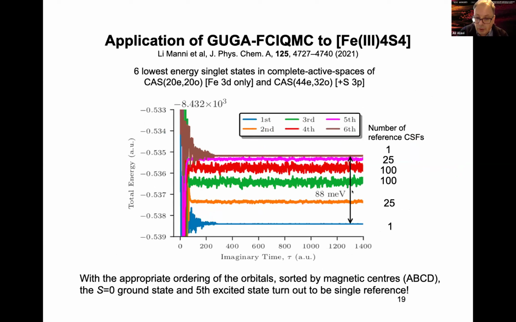And we looked at a manifold of singlets, including 5 excited states. And actually, interestingly, the 5th excited state can also be described essentially by a single CSF. The intermediate ones have a larger number of CSFs.